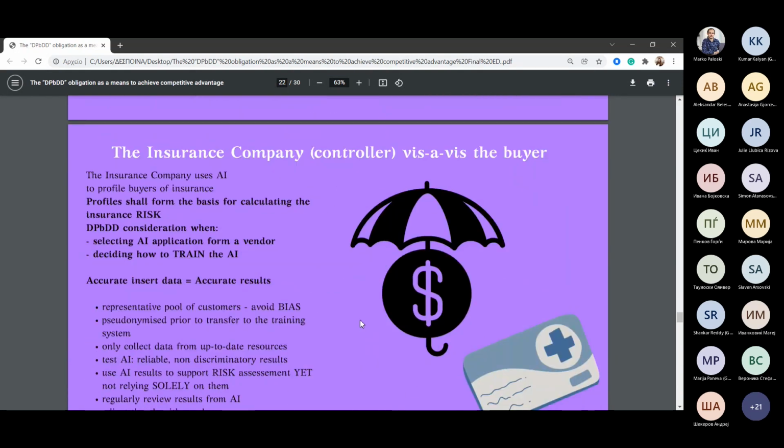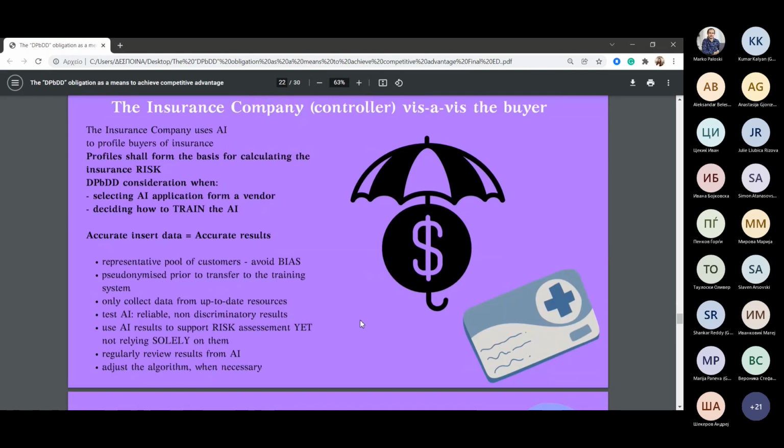And let's see an example of accuracy. As we said, data need to be accurate and up to date because there are potential risks to the data subject that might lead to faulty results. The insurance company, for example, uses AI to profile buyers of insurance.